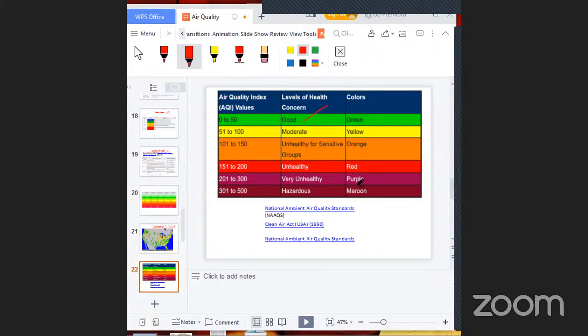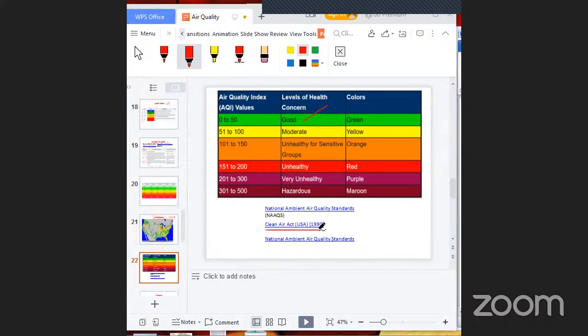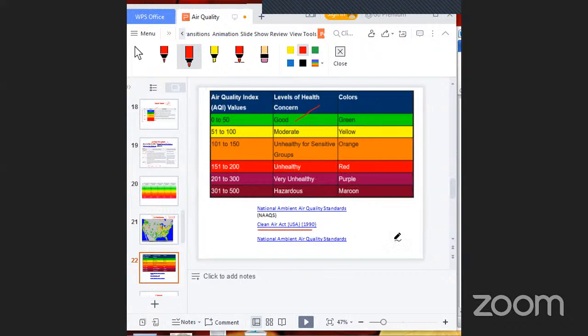The air quality index is based on the pollutants regulated under the Clean Air Act: ground level ozone, particulate matter, carbon monoxide, sulfur dioxide, and nitrogen dioxide. The EPA has established National Ambient Air Quality Standards, NAAQS, for each of these pollutants in order to protect public health.